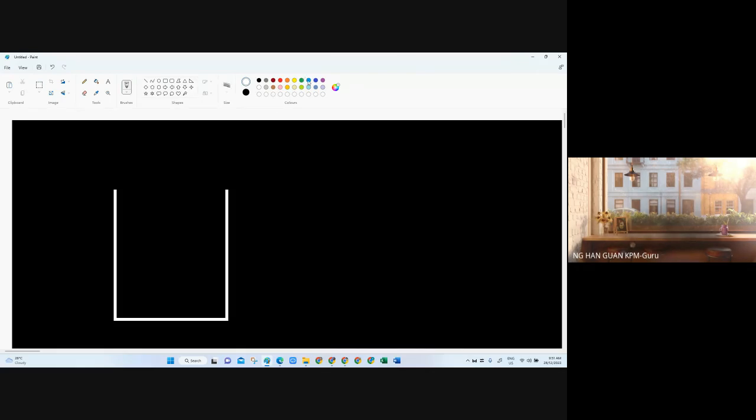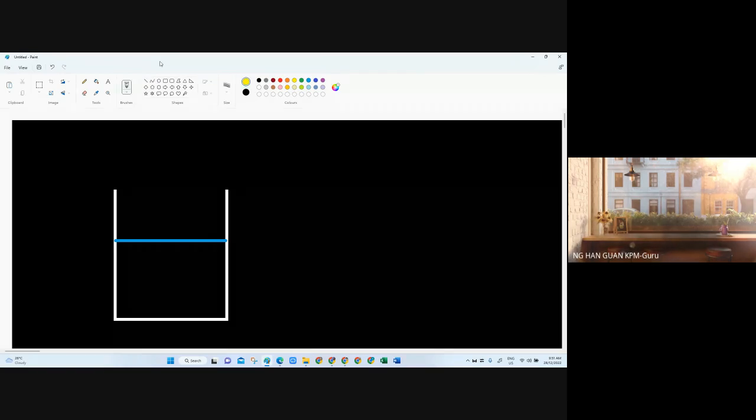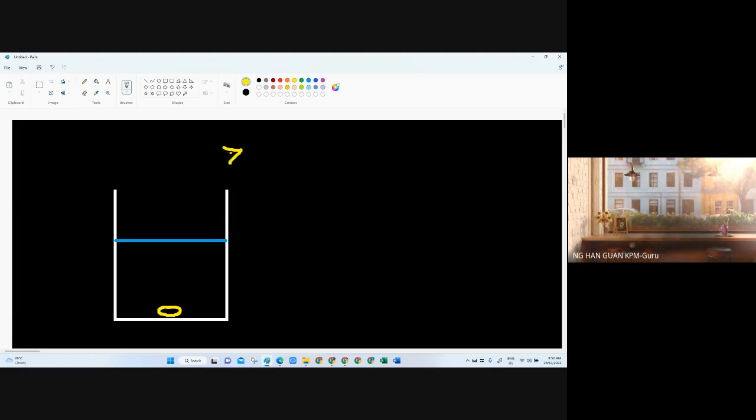So let's say you fill up the water here. Okay, here's the water. Then you have the object at the bottom here. Where the eye, let's say the eye is here. So you're going to show how the eye is able to see the object at the bottom.